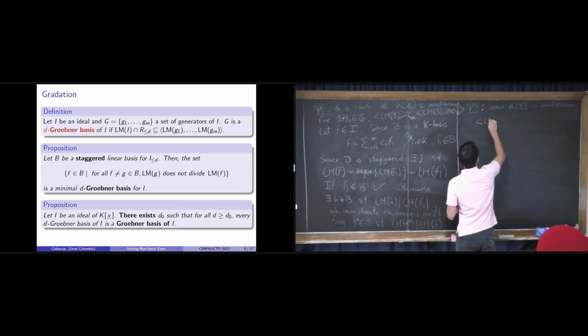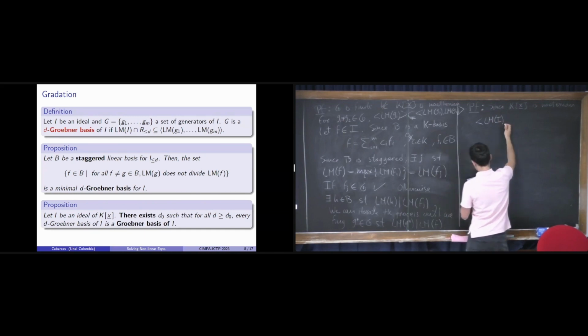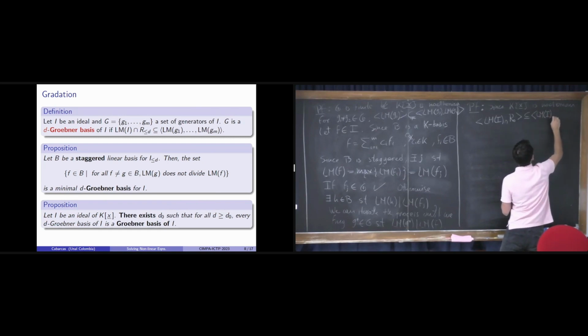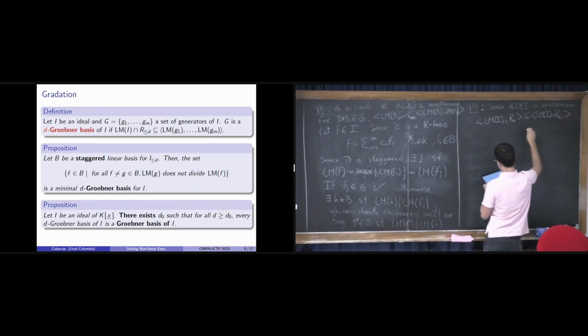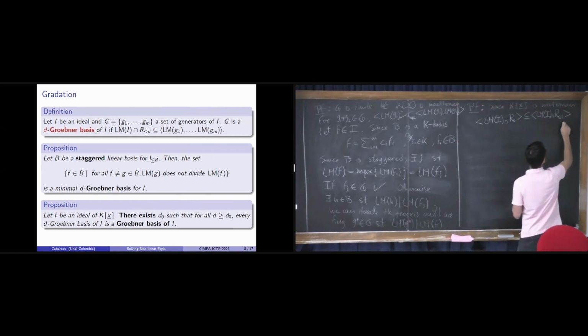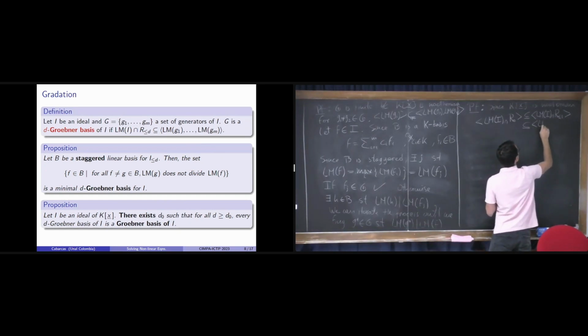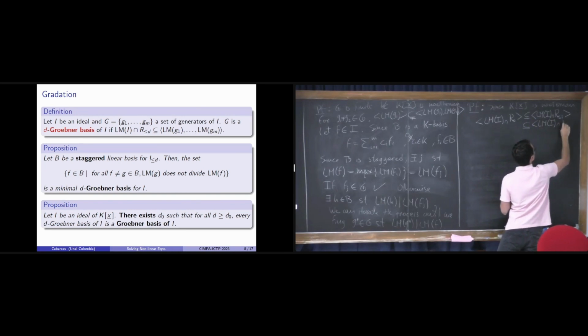So the leading monomials of I intersected with R0, and this is the polynomials of degree 0, is contained in the ideal generated by the leading monomials of I intersected with R less or equal to 1, and so on, less or equal to 2, and so on.